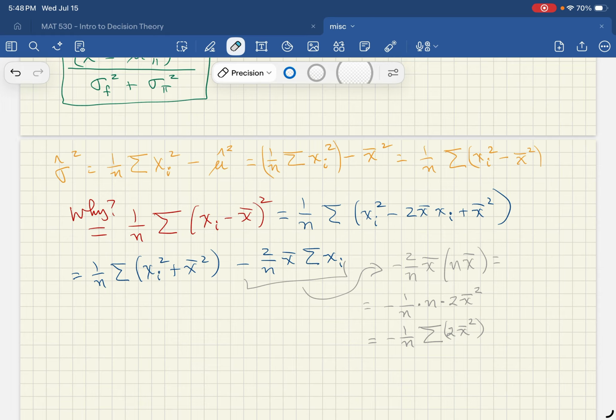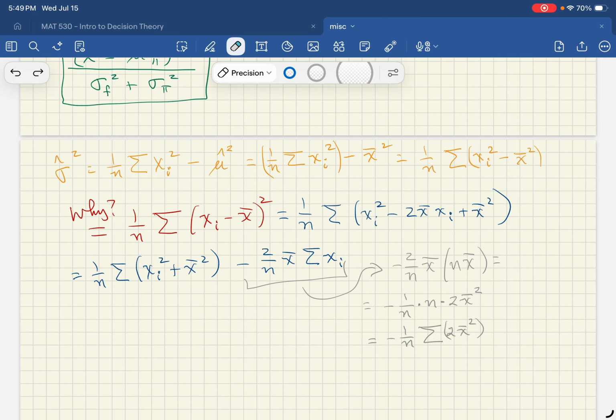And so I think the easiest way to do it is to start from this expression and multiply it out, and then focus on this middle term. So let's move this middle term out. So let's keep these together and then pull out that middle term like I said. And notice that since x bar doesn't depend on the index of summation, I've pulled it out in front of the summation. And now let's just focus on this part.